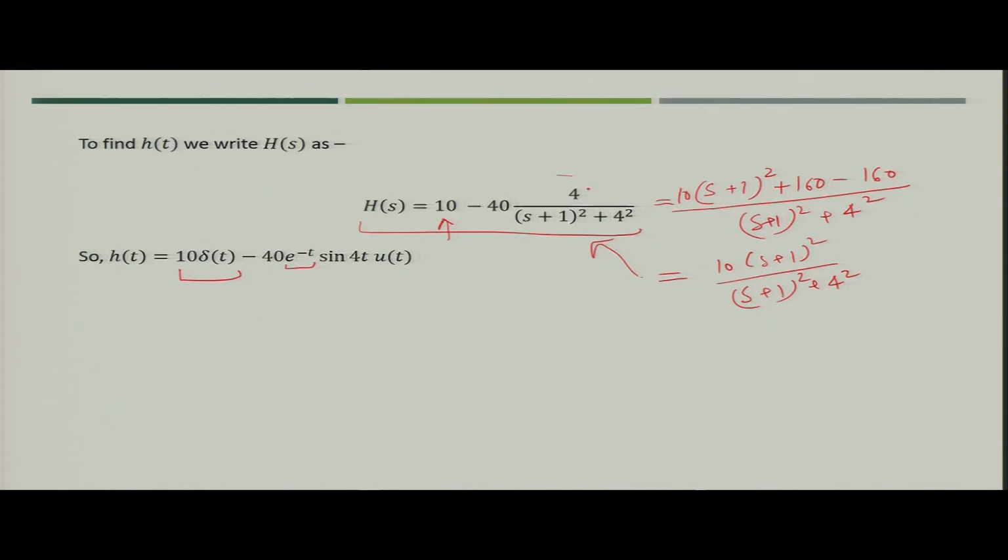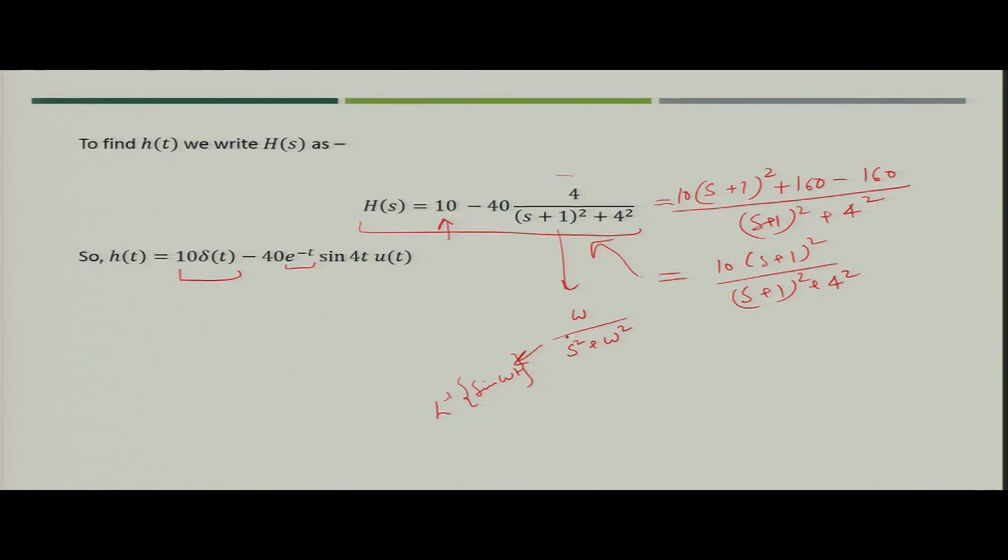Then, if you see omega upon s square plus omega square, it is nothing but the inverse Laplace transform of sine of omega t.